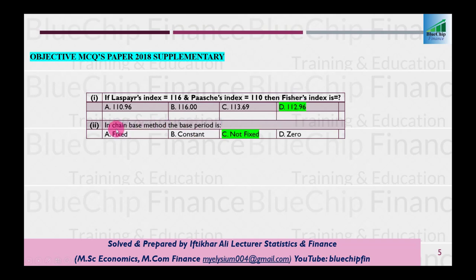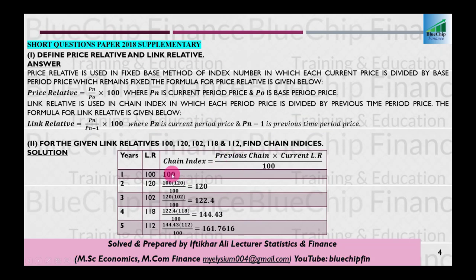Second MCQ is about the chain based method. The base period is not fixed, as you saw here, that your base price, or base link relative, is not fixed. You are changing continuously.